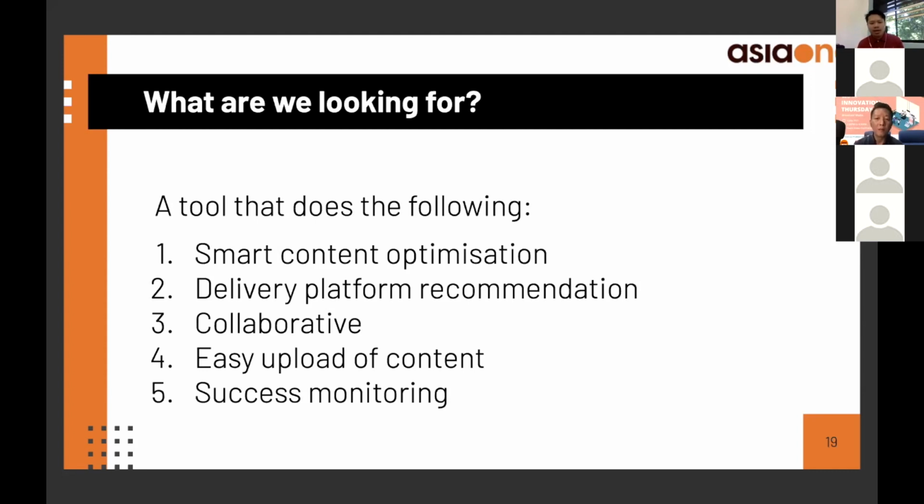So can we have something that integrates seamlessly with our CMS, or our website, so that instead of using another separate tool to distribute and publish this content on social media, it's integrated. And finally, success monitoring is pretty much analytics.